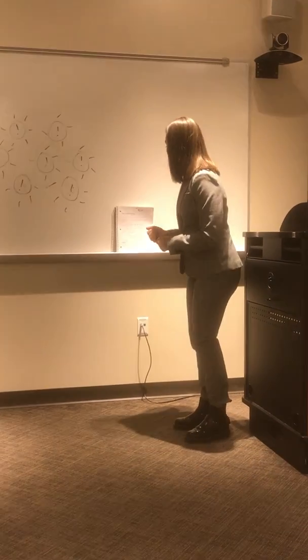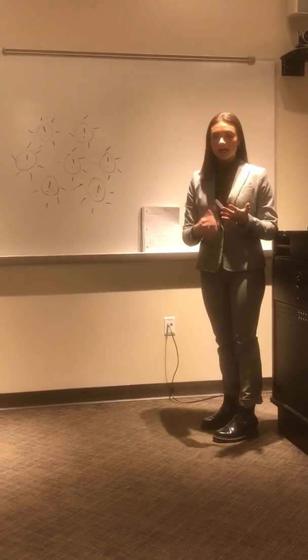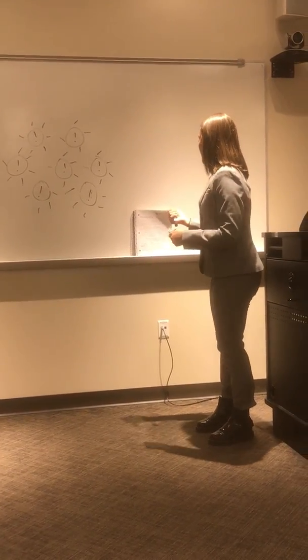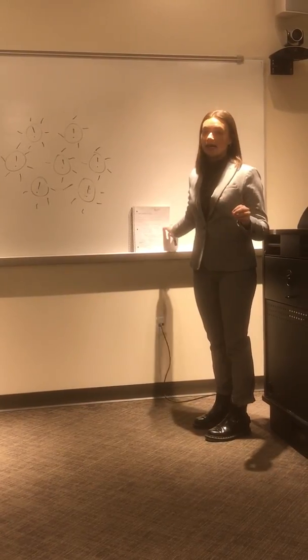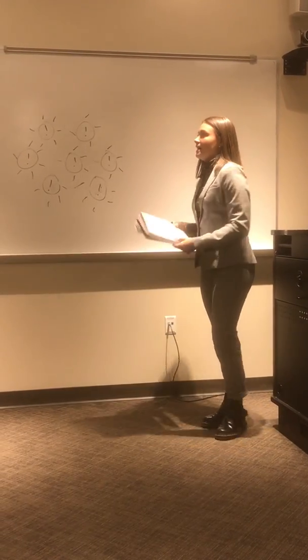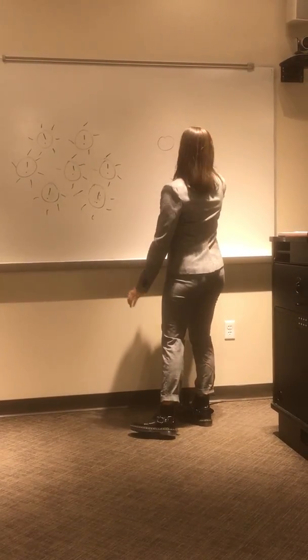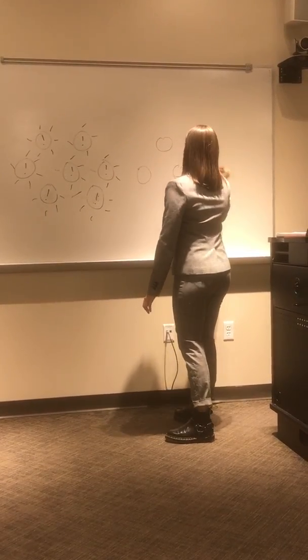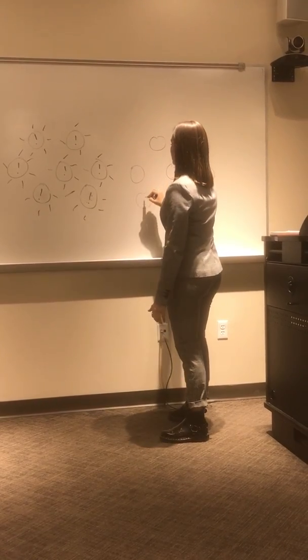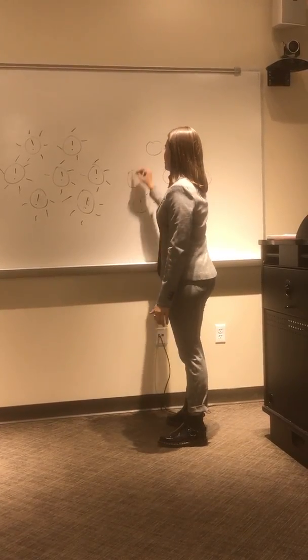Those are the three steps for internal dialectics. For external dialectics, it's basically just one small group conversing with another small group, and everybody's on the same page. It looks the same.